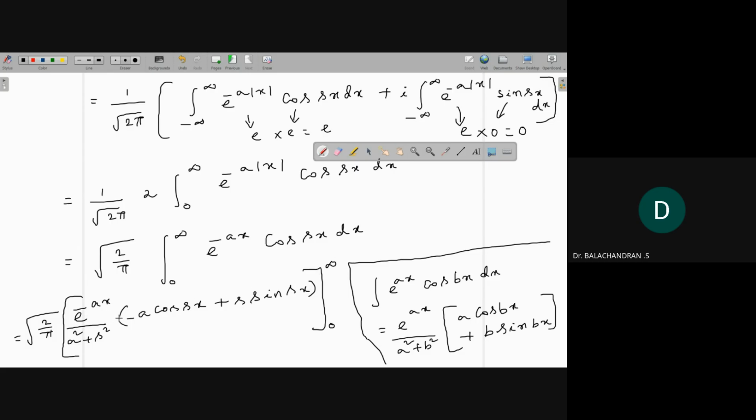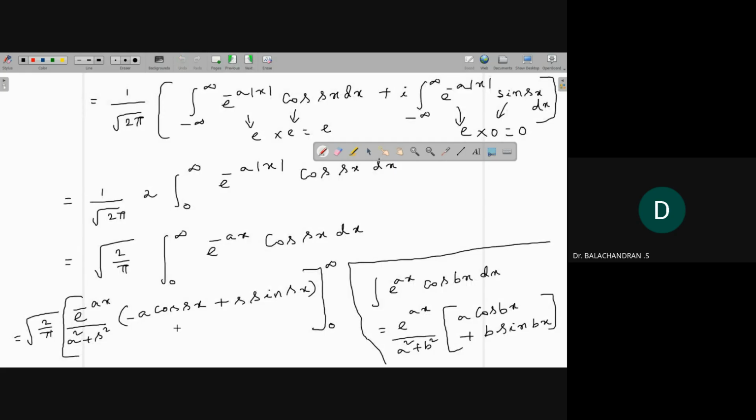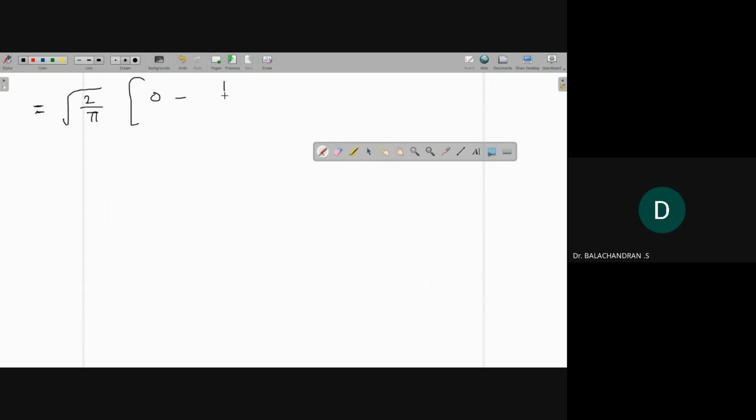So the upper limit is 0 minus the lower limit. The lower limit is e power 0, which is 1, by a square plus s square.